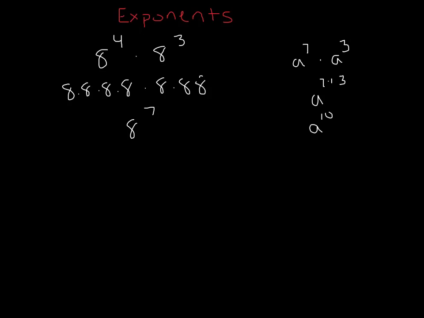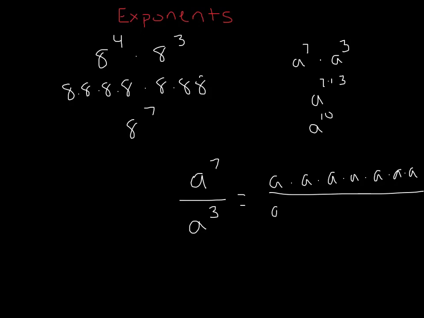So if we have a to the 7th power over a to the 3rd power, and we wrote this out, you'd write a times a times a times a times a times a times a all over a times a times a. That's what it would look like.